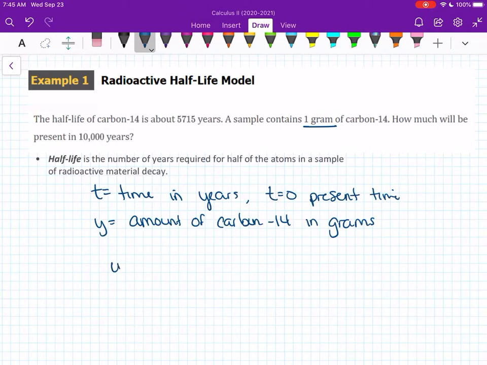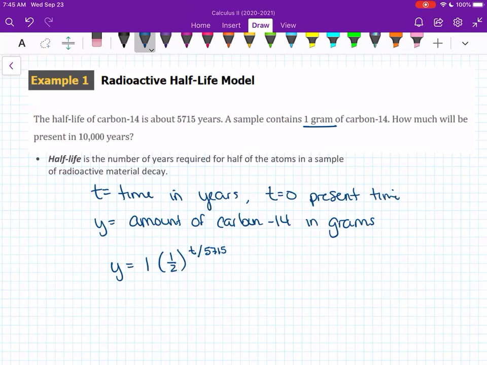If right now I start with 1 gram, I want to multiply that 1 gram by a half every 5,715 years. So I'm going to take my time and divide it by 5,715. If I plugged in 5,715, I get 1 times a half. If I plugged in double 5,715, I'm going to get 1 times a fourth, which is a half twice.